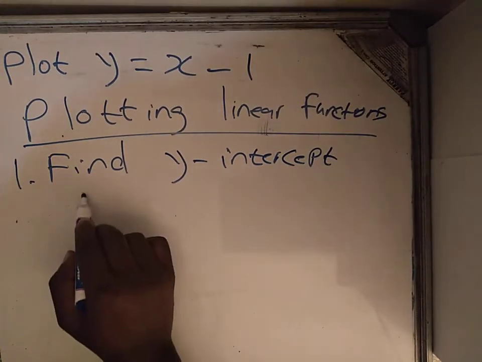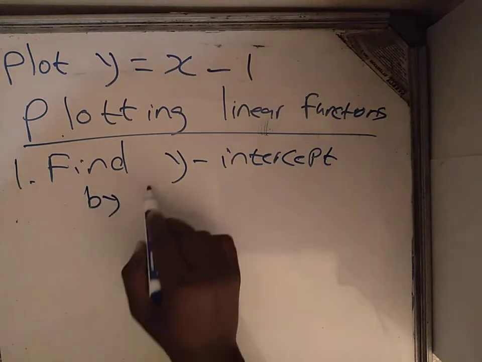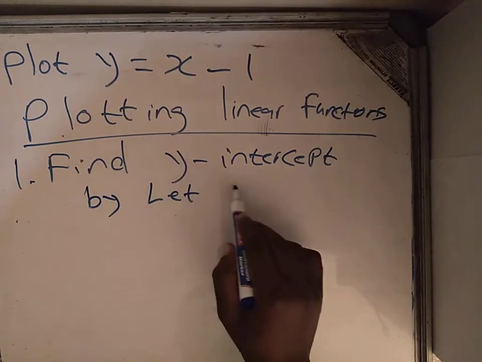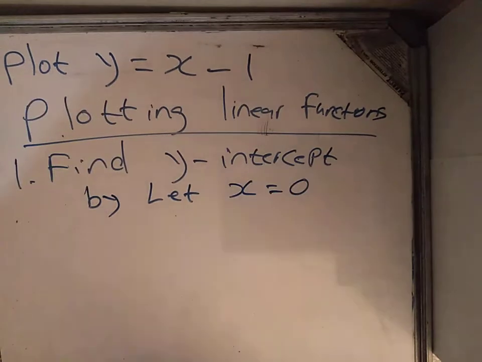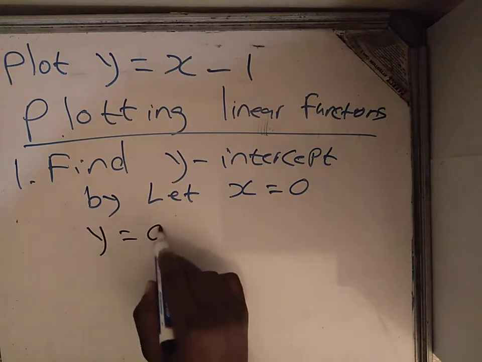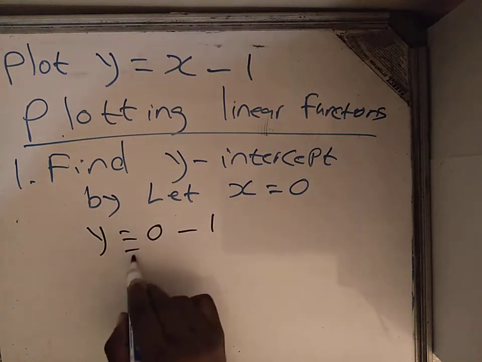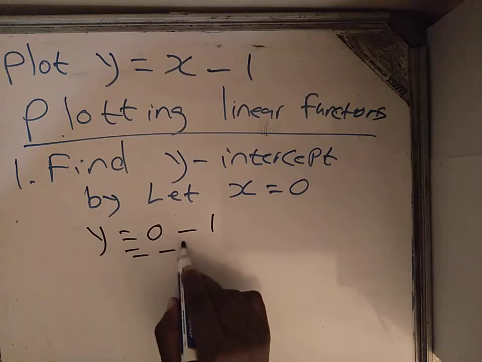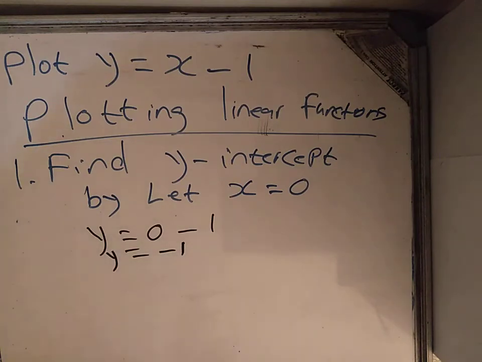You find the y-intercept by letting x be equal to 0. Now let's do it here and see what we get. So we let x be equal to 0, so we get y is equal to 0 minus 1, which is equal to minus 1.